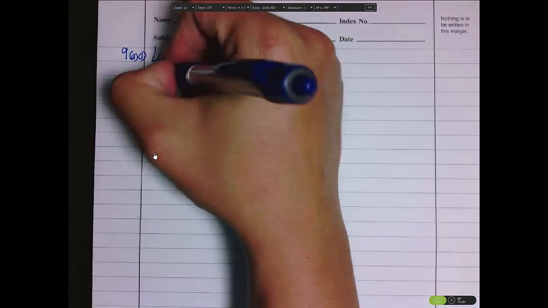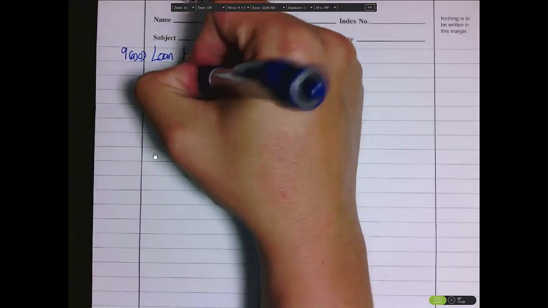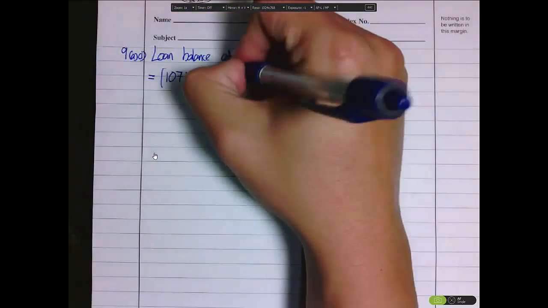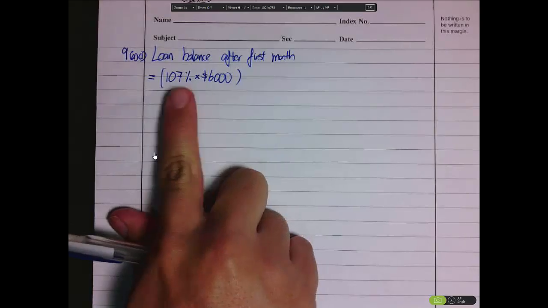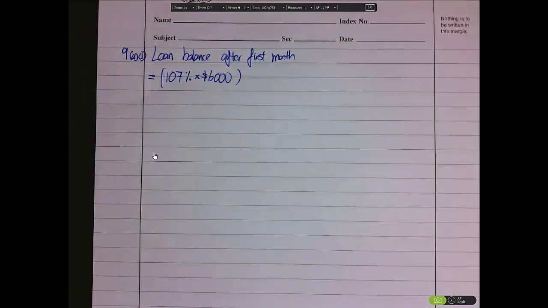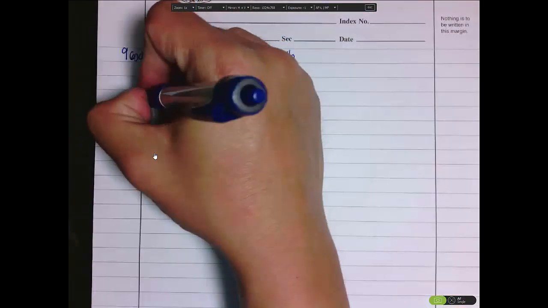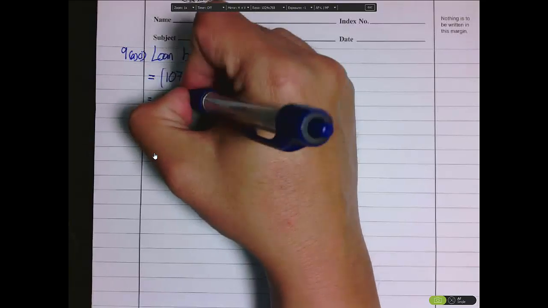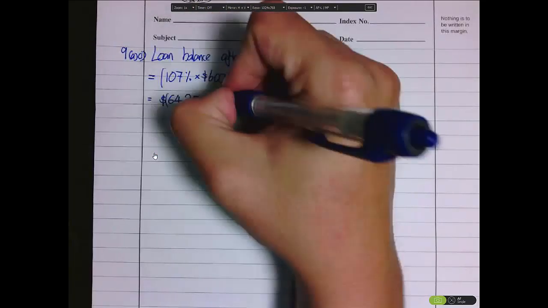So first I take 107% of the amount that I would have had to pay, which is $6,000. This 107% is, first I pay the $6,000, and this 7% is for the interest incurred on this $6,000, and then the loan balance, because he will pay back Y dollars, minus Y. So in the end, what we have after the first payment is 6420 minus Y dollars.